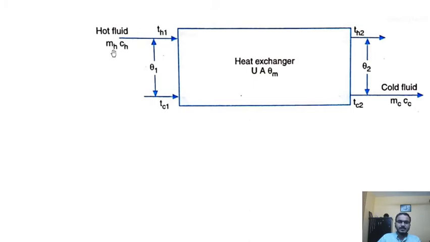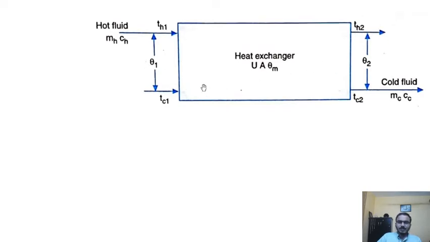It has mass flow rate mH and specific heat Ch, the temperature at the entry is Th1, and it is exiting with temperature Th2. The cold fluid has temperature at inlet Tc1 and temperature at outlet Tc2. The cold fluid has mass flow rate mc and specific heat Cc.